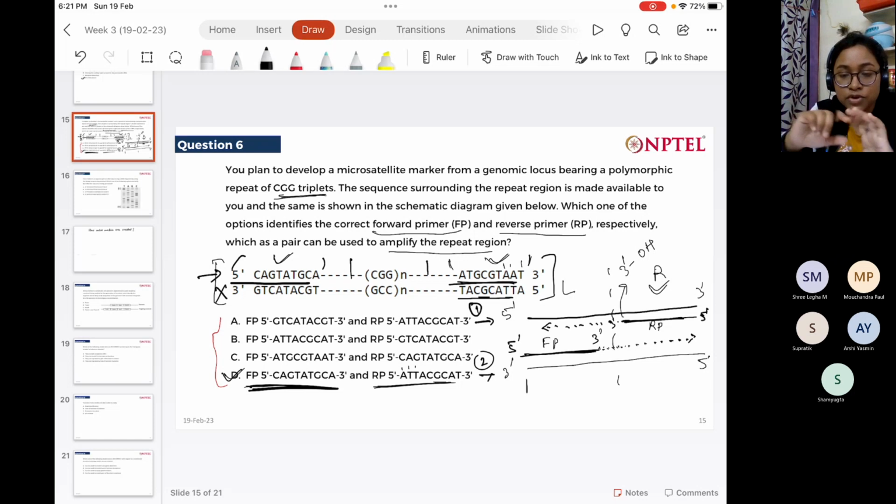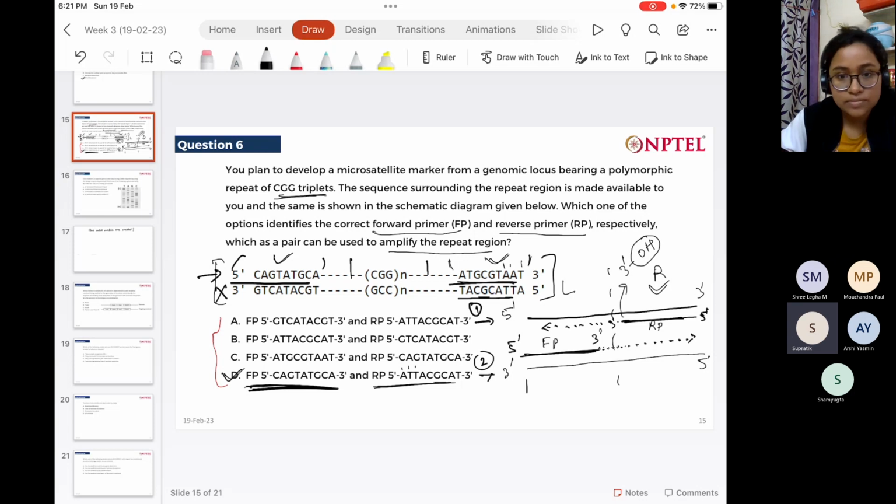If you remember, phosphodiester bonds have to be formed, and they can only be formed if the OH group is present. So because of this, these bonds are made and the sequence is completed. The sequence will obviously be complementary to the template, whatever template you have chosen. So is it clear?